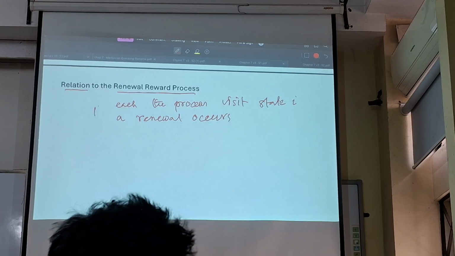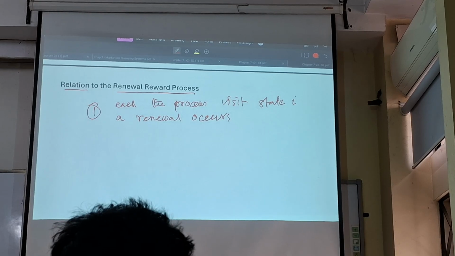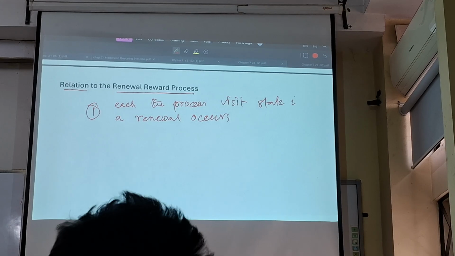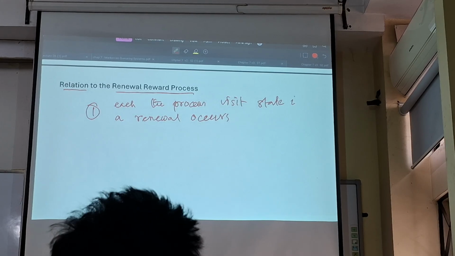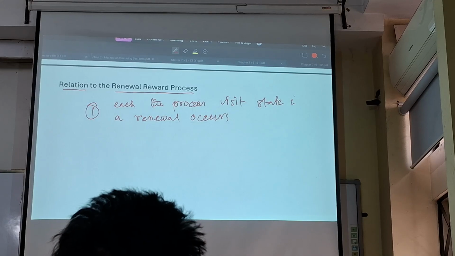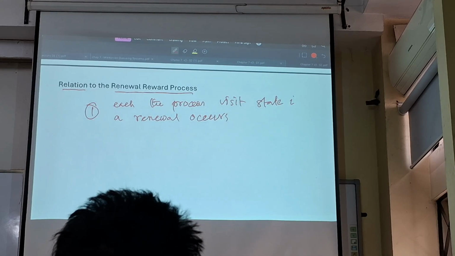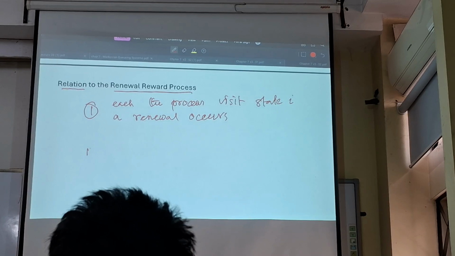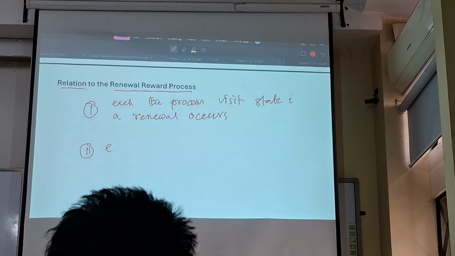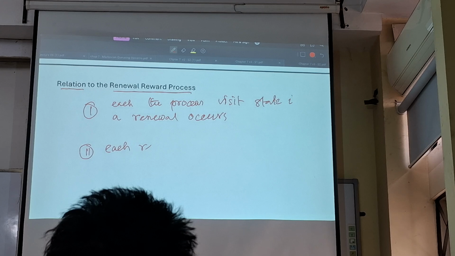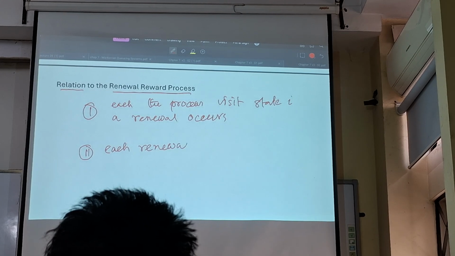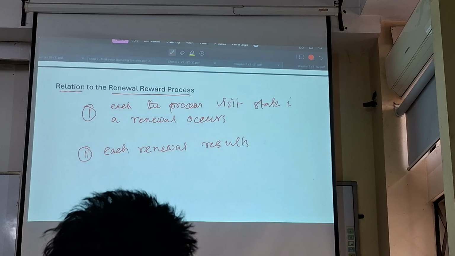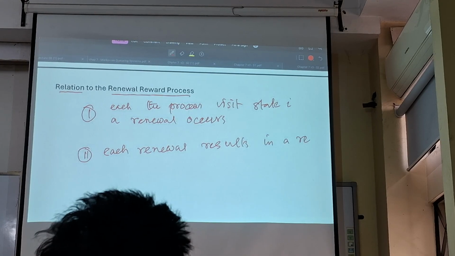Whenever the process visits state I, a renewal occurs. For simplicity, we assume the process starts in state I. Every time it goes to state I, a renewal. Again it will stay, it will go to state I, another renewal. Every time a renewal occurs, it results in a reward.